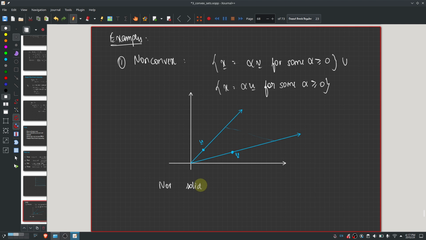But is it a closed cone? So take any convergent sequence of points lying on one of these two rays. Can it converge to something outside this set?